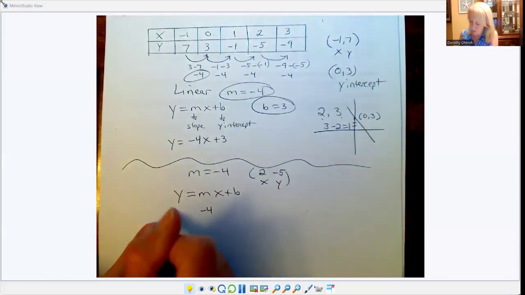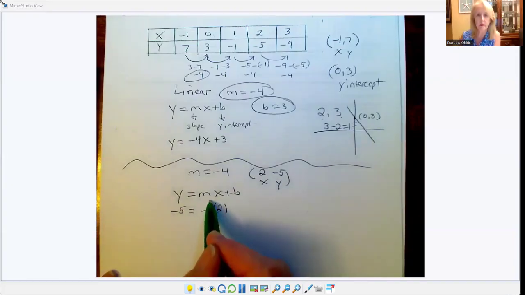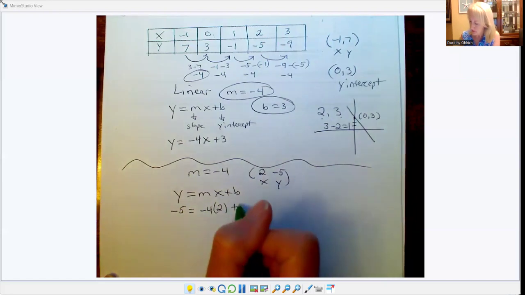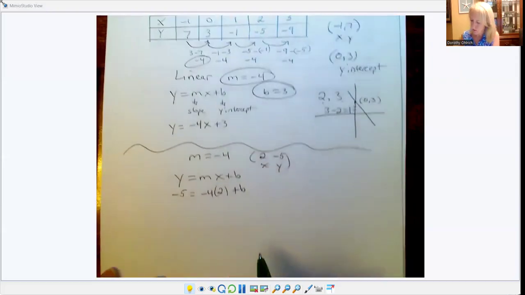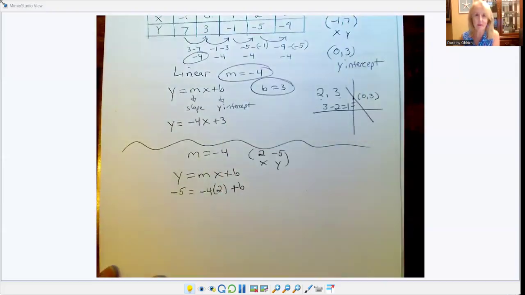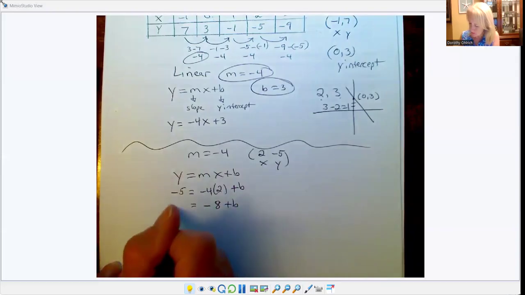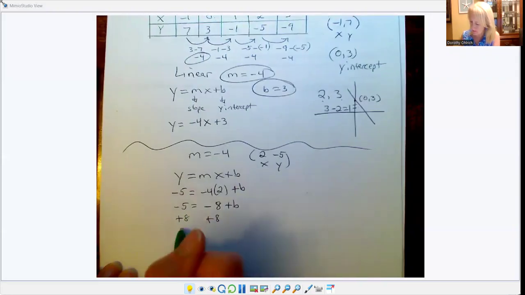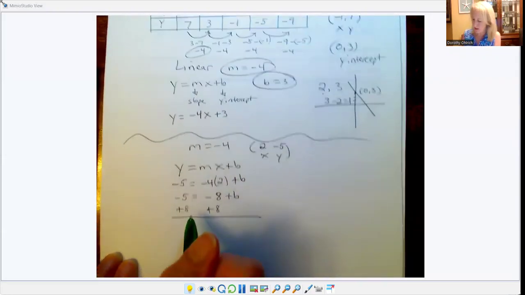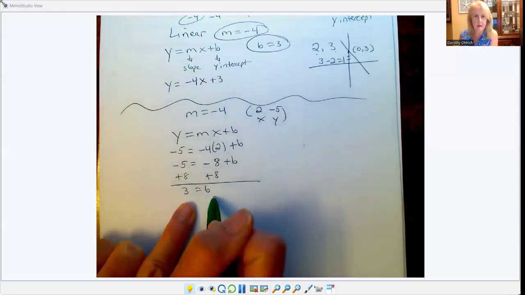We'll plug in -5 for y and 2 for x, and remember m is being multiplied by x. Then we solve for b, our y-intercept, and hopefully get the same number, 3. -4 times 2 is -8, plus b equals -5. Add 8 to each side to solve for b. -5 plus 8 is 3. So we still get the same answer.